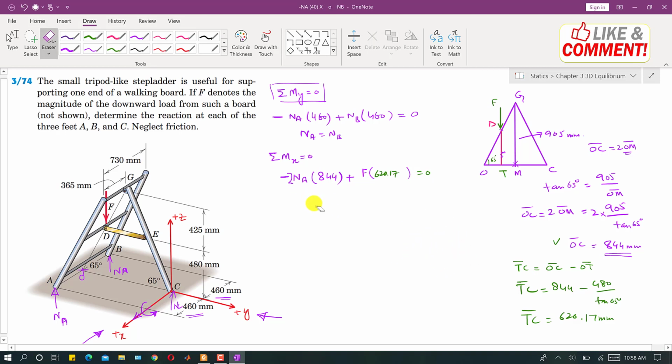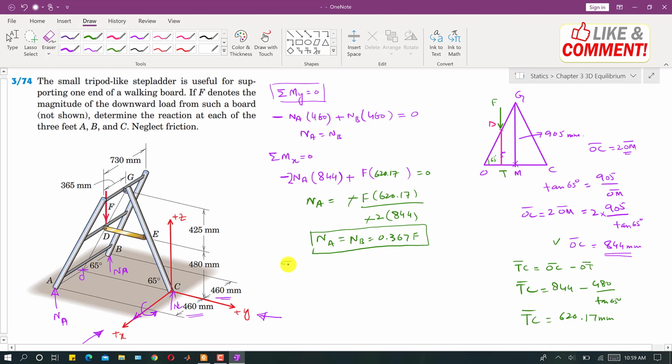NA reaction will be equal to minus F times 620.17 divided by 2 into 844, and the minus sign cancels out, so we get NA in terms of F. NA equals NB equals 0.367 F. This is the reaction at feet A and B.